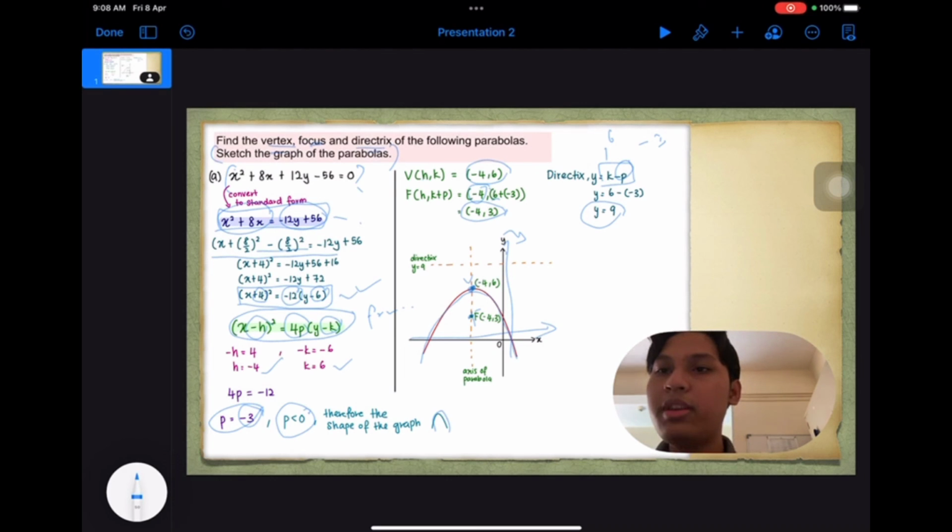Then we sketch the dotted line, which is the axis of the parabola, and the directrix, which is y equals 9. Alright, so this is how you answer this question. So we are already done. Thank you.